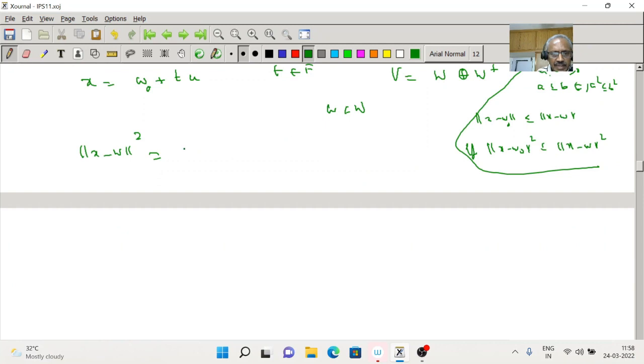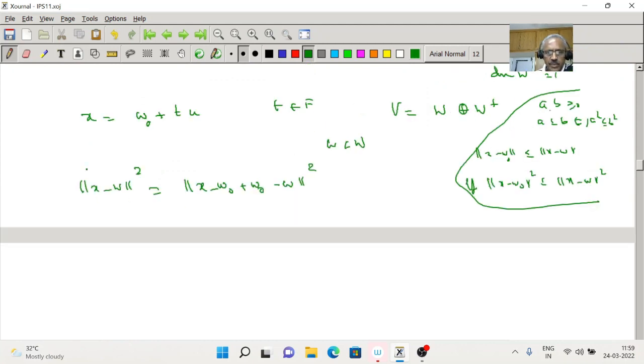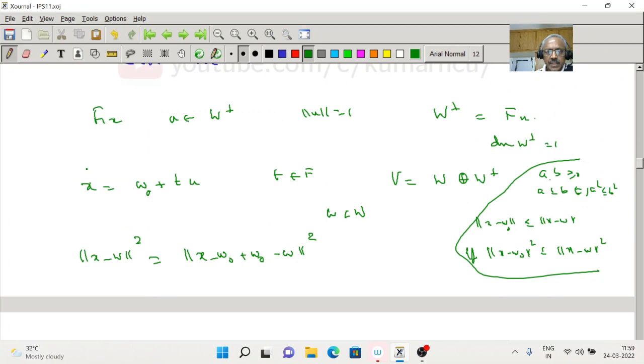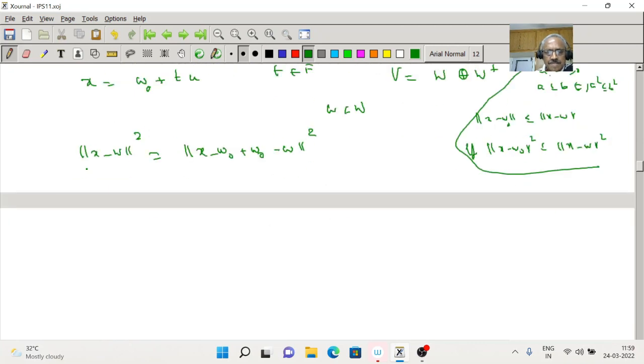But this one I can write as norm of x minus w naught plus w naught minus w, whole squared. Do you agree with that? Very good. Now what do I know? What is my w naught? Remember, we already proved something very interesting. What did we prove?